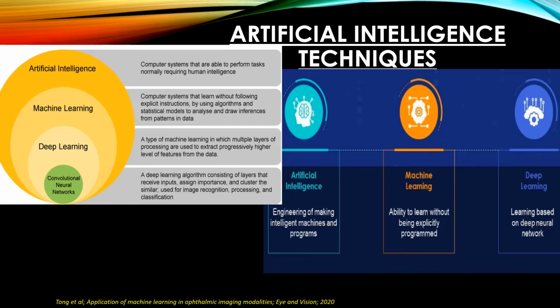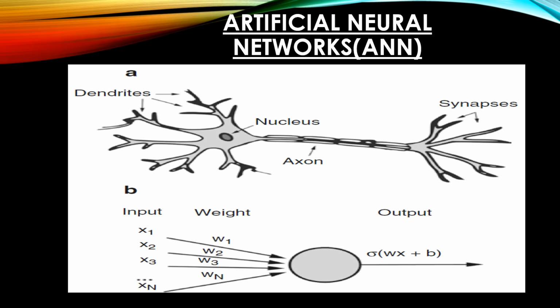A convolutional neural network is a deep learning algorithm consisting of layers that receive the inputs, assign importance or weightages to the inputs, cluster the similar inputs, and keep the dissimilar inputs separately. It is used for image recognition, processing, and finally classification. So these are the various convolutional neural networks or the artificial neural networks.